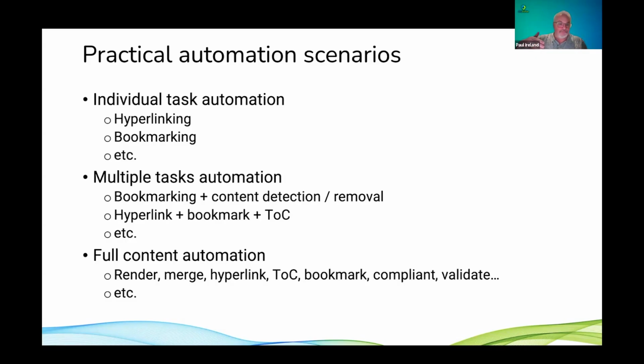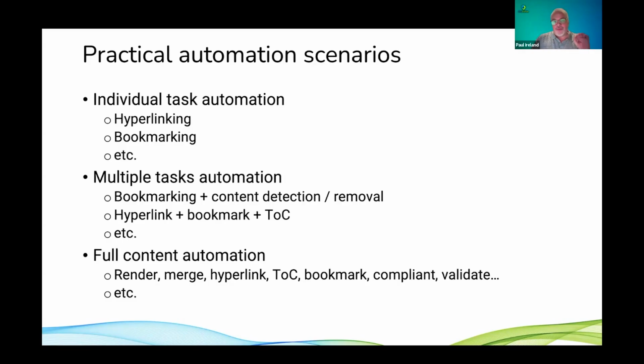So when that content reaches a certain lifecycle status, it applies multiple options, all the way to the point where it does everything. It renders the content, merges multiple files together, adds hyperlinks, automatically adds ToCs and tables of figures, bookmarks, makes sure everything is compliant, and then validates the results at the end as well.